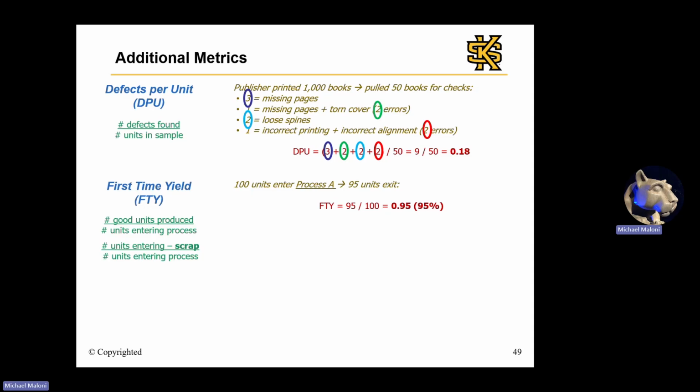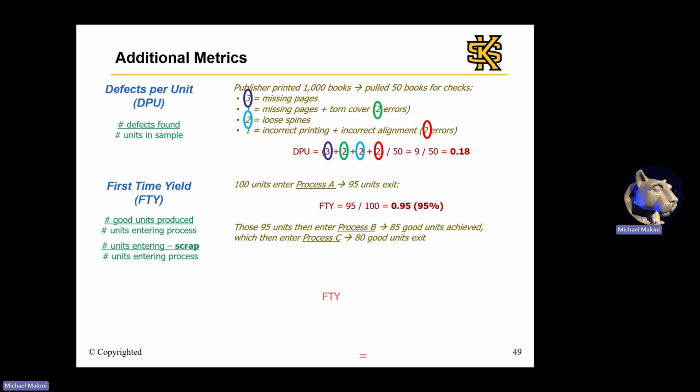We can then extend this to a multiple step process. So for instance, those 95 units from process A then enter process B, which achieves 85 good units, 85 out of 95. And then those 85 units enter process C, where 80 good units exit, so 80 out of 85.